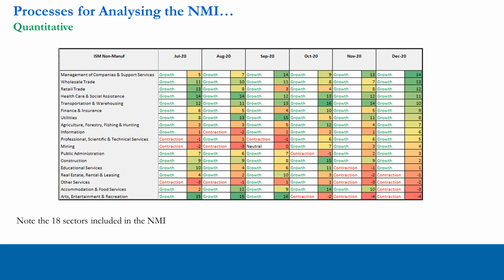And just as an example here, if we look at the two sectors that we were just looking at, we were looking at agriculture, forestry, fishing, and hunting. If you look at the second half of 2020, from July to December, you can see that we've got growth indicated in every month. So month on month growth in every month.